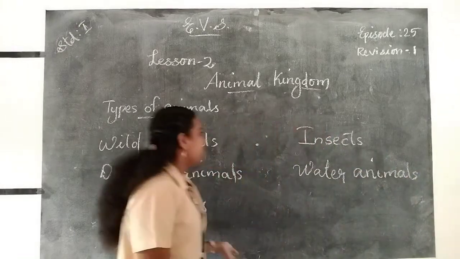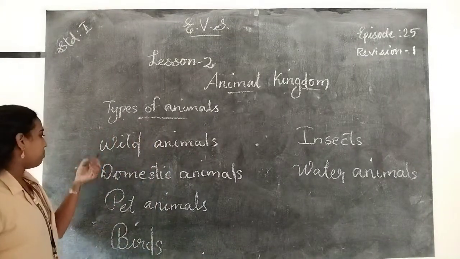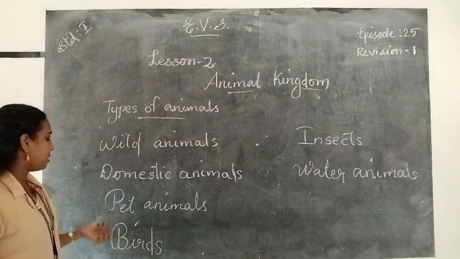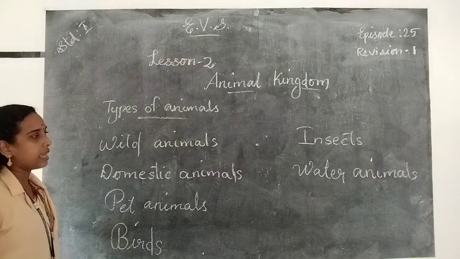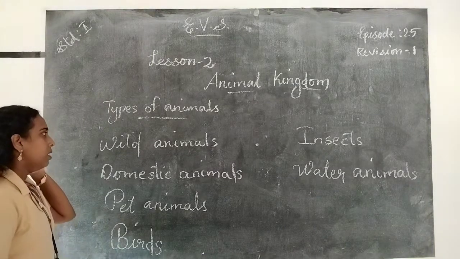So these are the different types of animals: wild animals, domestic animals, pet animals, birds, insects, and water animals.